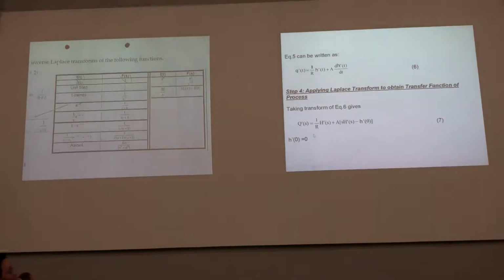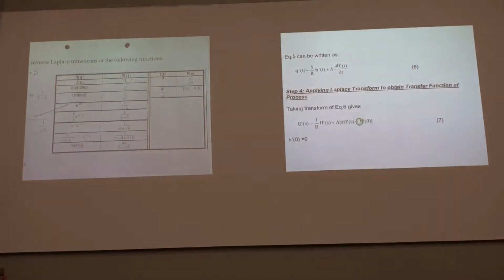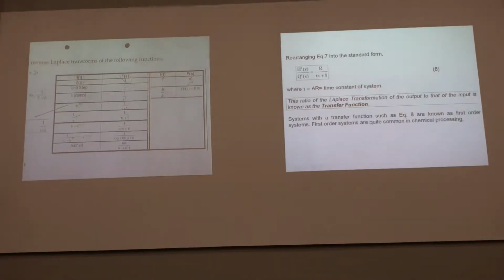Because at steady state condition, at time 0, I also compare to steady state, so it becomes 0. So I can simplify my equation to Q prime(s) = 1/R H prime(s) + A s H(s). This one is 0, take it out. That simplifies to equation 8 if I rearrange it.